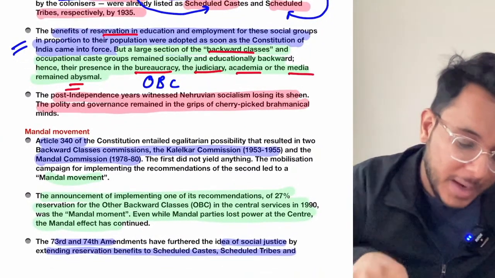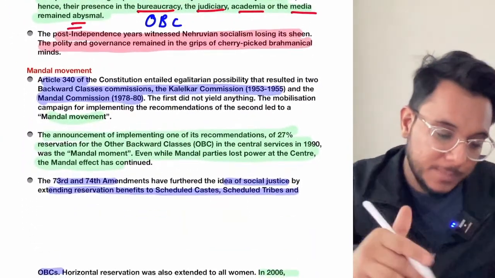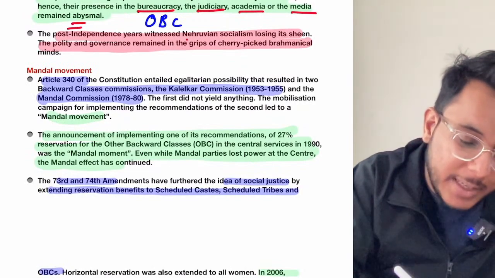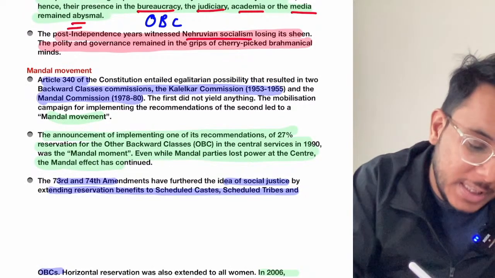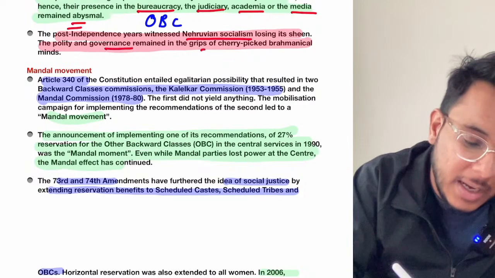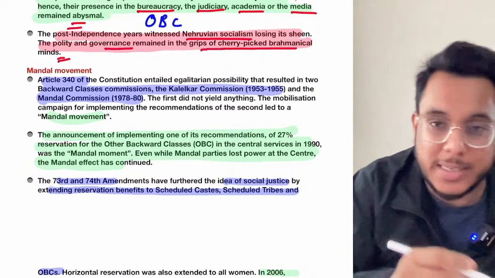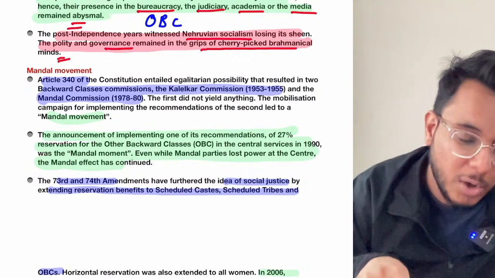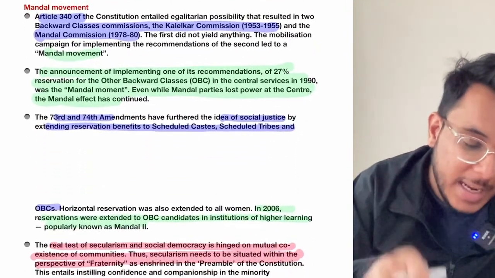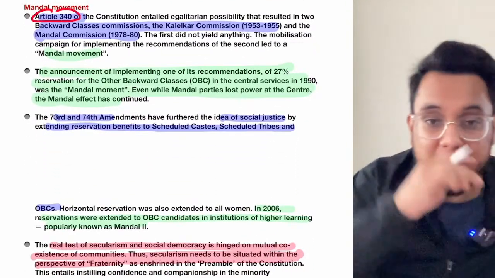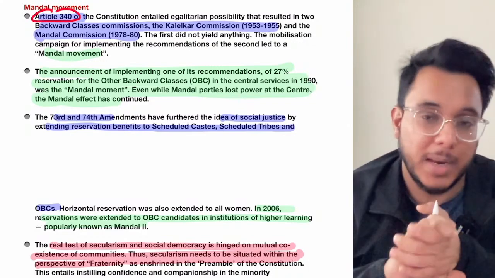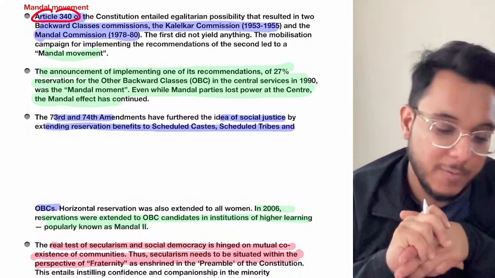Post-independence, even Nehruvian socialism lost its sheen. Policy and governance remained in the grip of cherry-picked Brahminical minds. So the backward classes did not get the benefit. Now, Article 340 played a very important role. What role was played by Article 340?